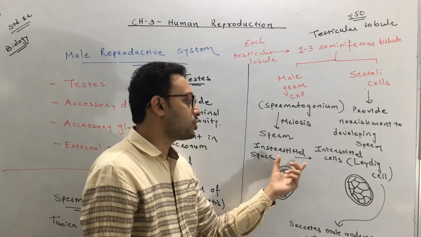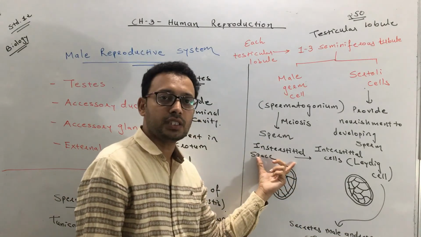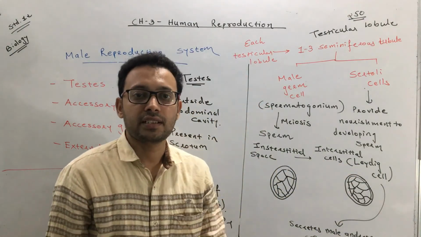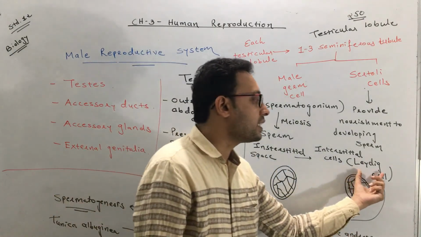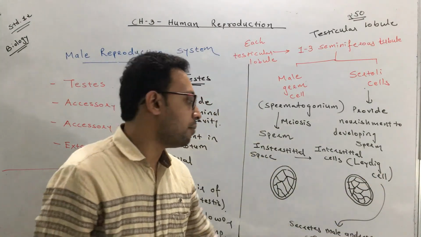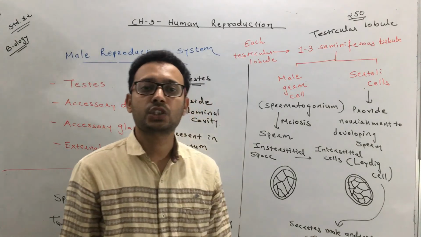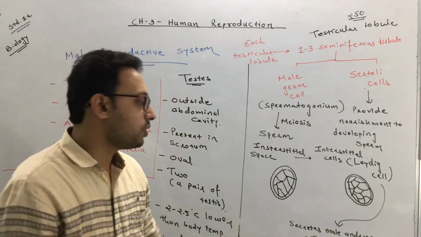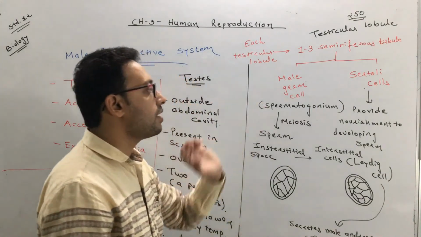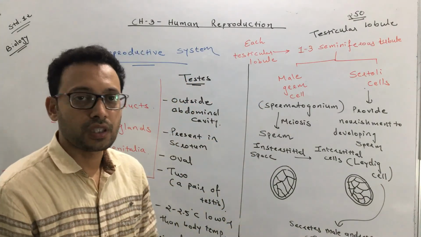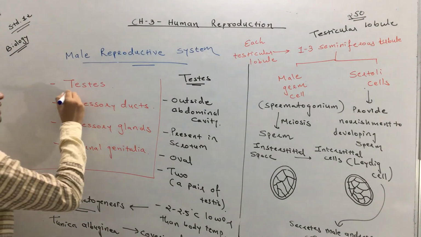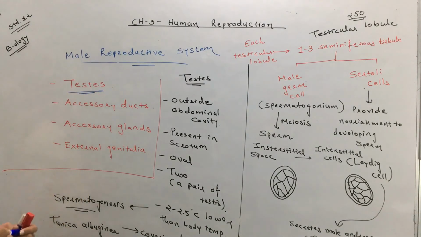Outside it, the space is called the interstitial space, which possesses interstitial cells, or Leydig cells. The Leydig cell secretes a male androgen called testosterone. You know that this is a hormone, and under its influence the production of sperm starts. So that's all about the first organ we have finished, the testes.